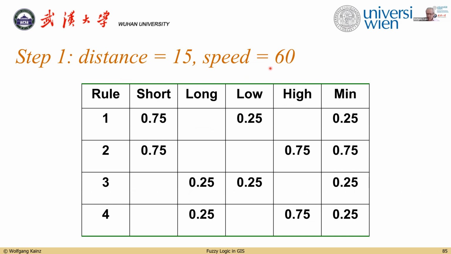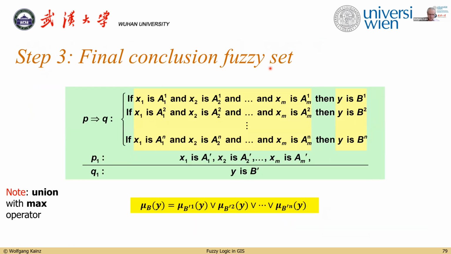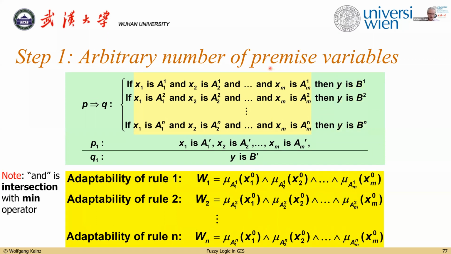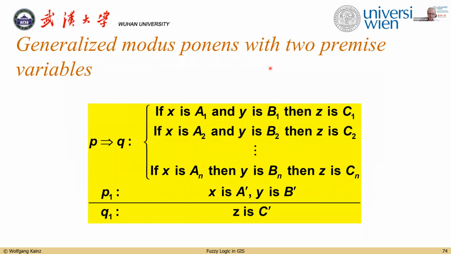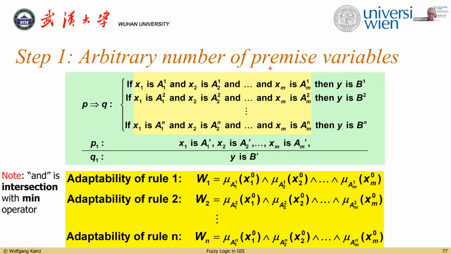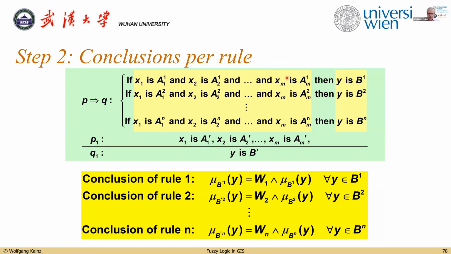Now, in step 1, you remember in step 1 we said, I just jump back to our, sorry, that was too far. In step 1, we apply our given values to the premise variables and compute the minima. So what does it mean here?